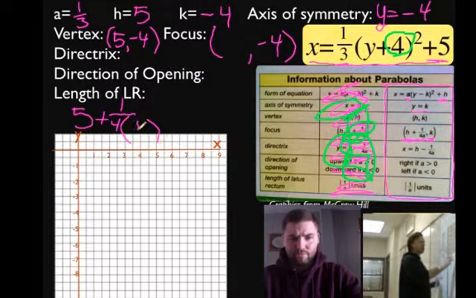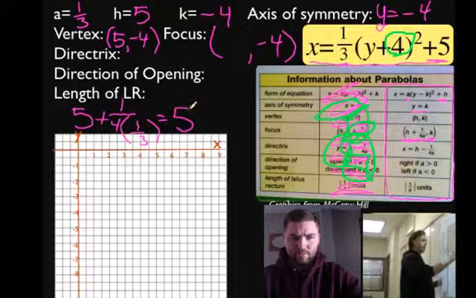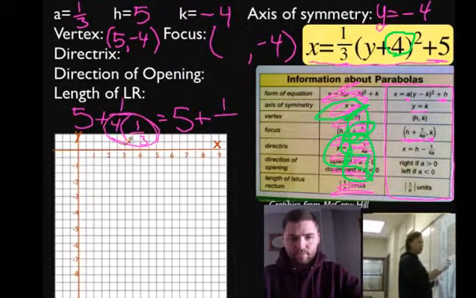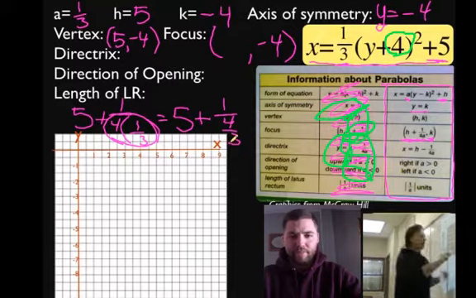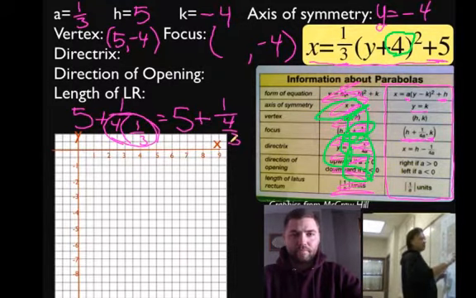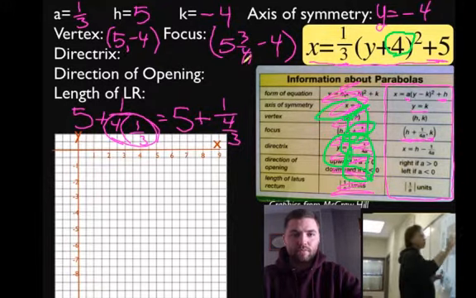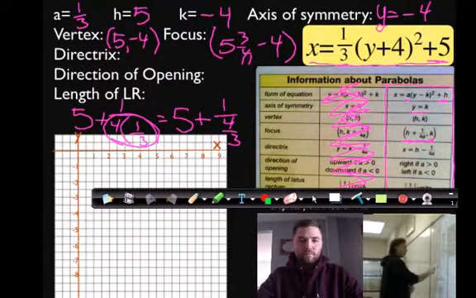And in our case, a is 1/3. So that's going to be 5 plus 1/4 times 1/3, which is 4/3 in the denominator. And what do we do? Flip it and multiply. Yeah. So this is 5 plus 3/4, or 5 3/4.